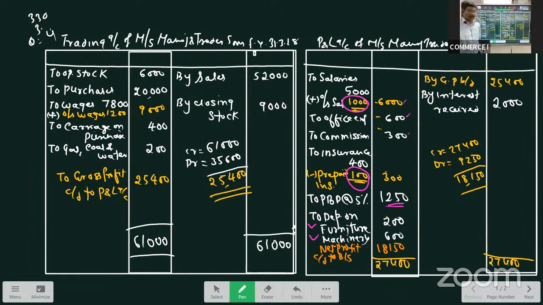Where do we show in balance sheet? In balance sheet, we'll add this to capital account. Net profit is added to capital account in balance sheet.